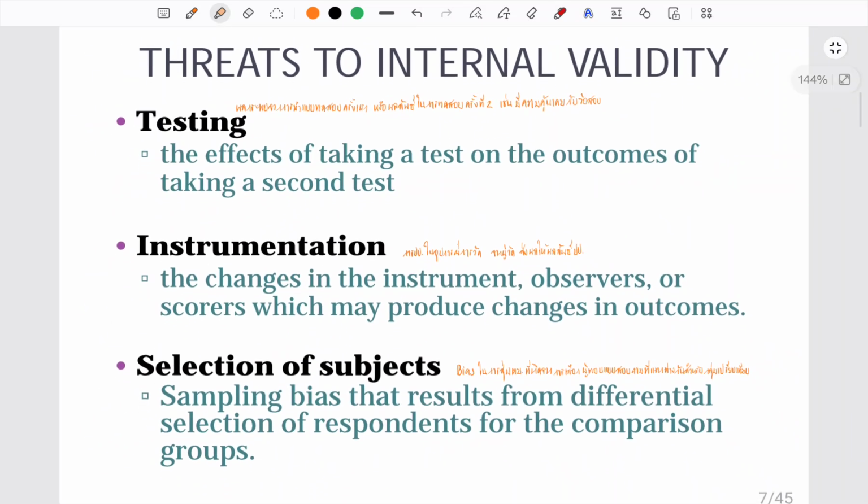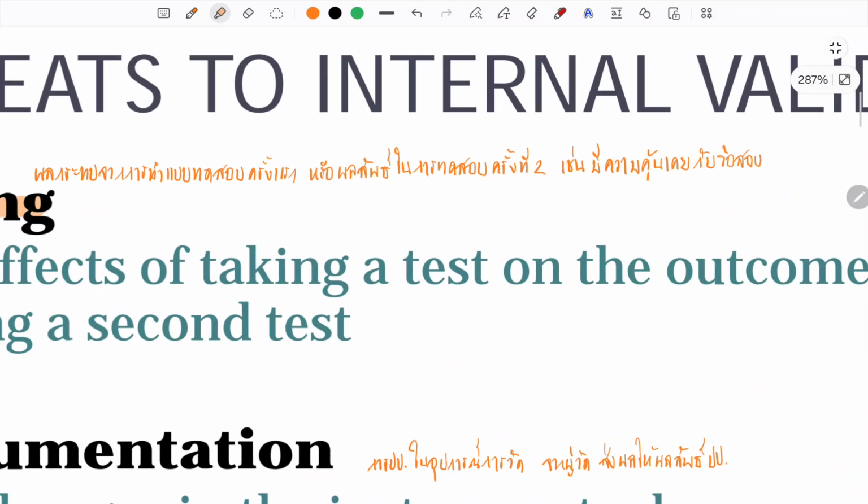The next one we call the testing effect. It means the effect of taking one test on the outcome of a second test. For example, if you're planning a series of tests, like the 3-minute step test and then after that a test of leg strength, this will affect the result because the patient is already fatigued from the first test.